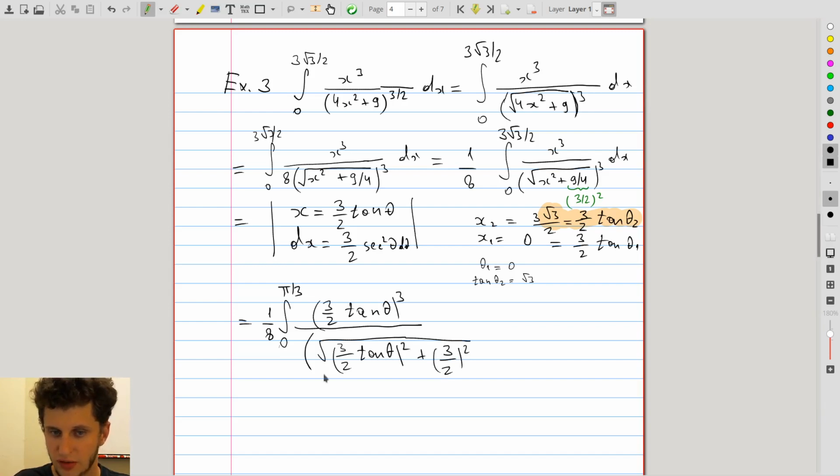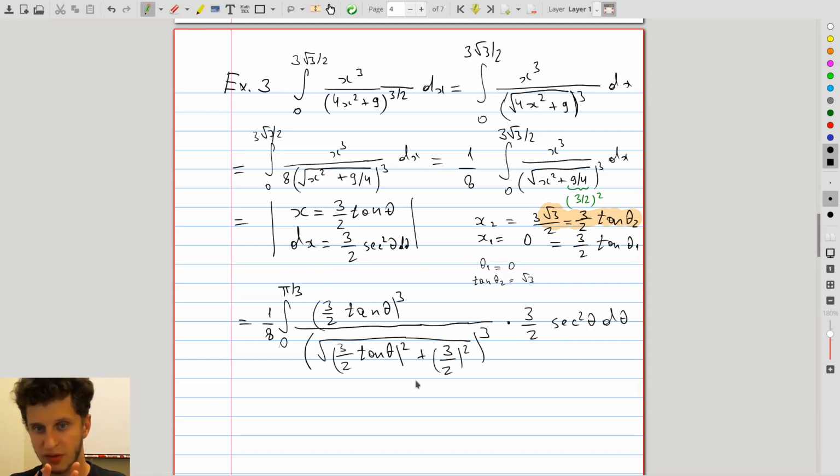So of course that's the point of introducing the substitution, so that we have tangent squared plus 1 once we factor out the (3/2) squared, and this entire thing is cubed. And finally for dx I have another factor of 3/2 secant squared theta d theta.